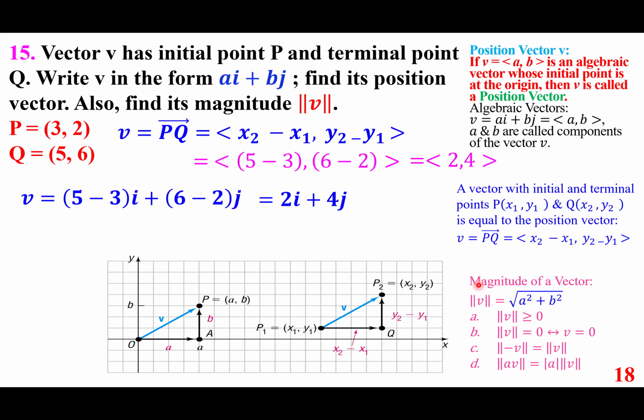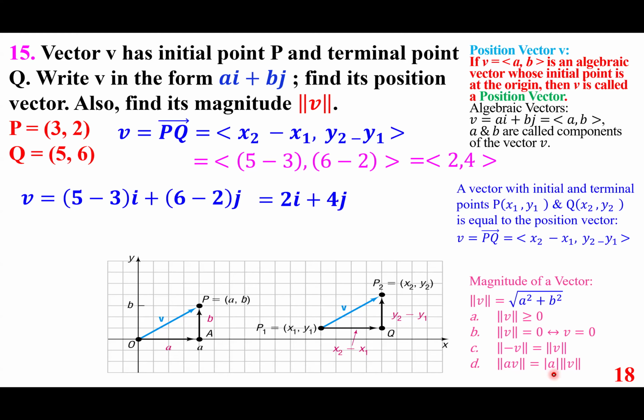Also reminding everyone, the magnitude of a vector is the square root of a squared plus b squared. The magnitude must be 0 or positive. If the magnitude is 0, that means the vector is a zero vector. The magnitudes of two vectors that are opposite are the same, minus v and v have the same magnitude, and if you have a times v, you can take the a out in an absolute value sense.